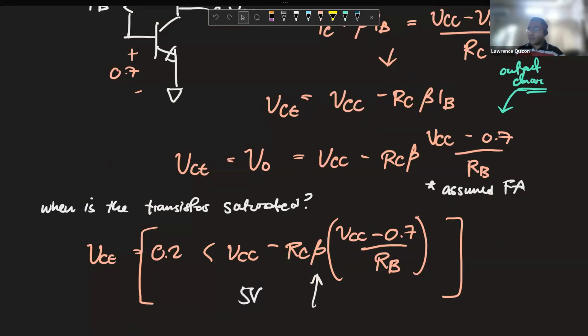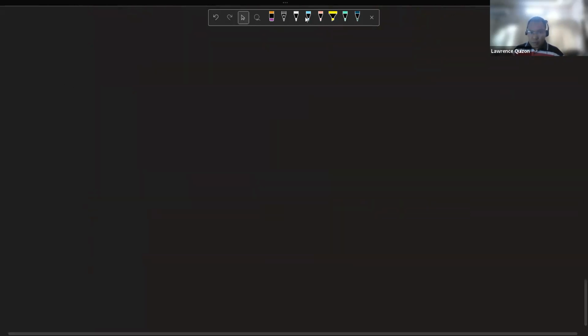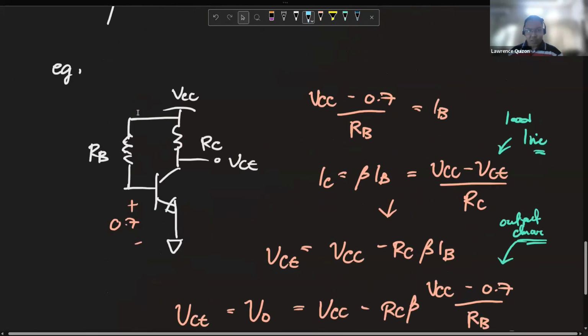Now, let's talk about varying. Okay, let's talk about changing this circuit slightly.